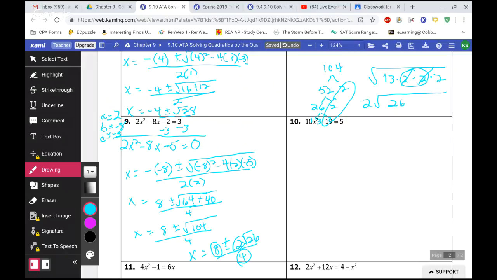So x equals 4 plus or minus 2 goes into 2 one time. So that's going to be root 26 because it's 1 times root 26 all over 2. So that's your final answer because this is 4, this is 1, and this is 2. So this is your final answer for that one.